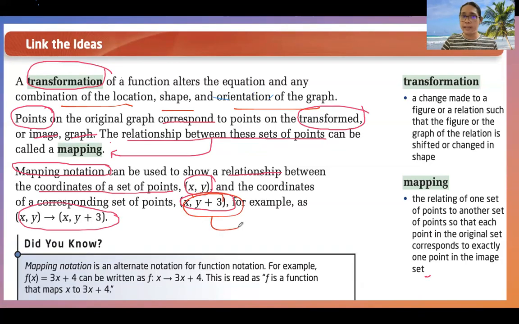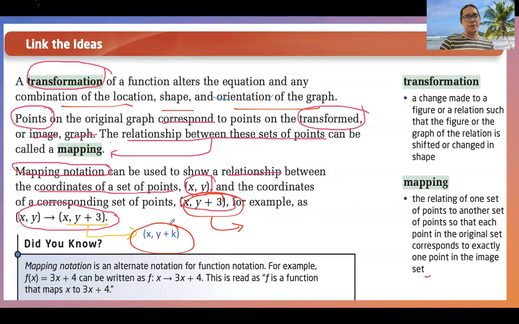You remember we took this one from the previous activity, the positive 3 and negative 3, the movements up and down. This one was taken from (x, y + k). I want you to remember this as an example of a mapping notation form.